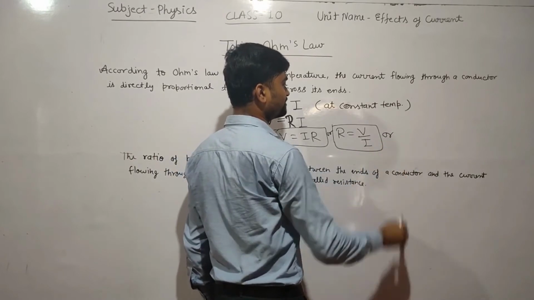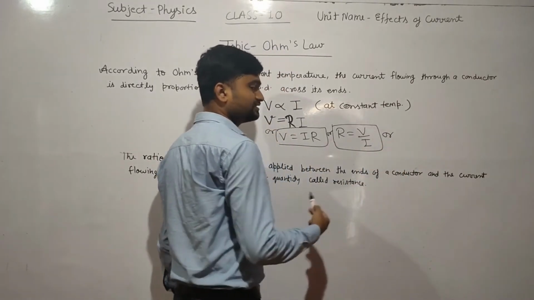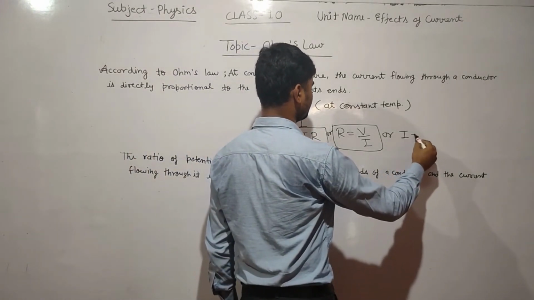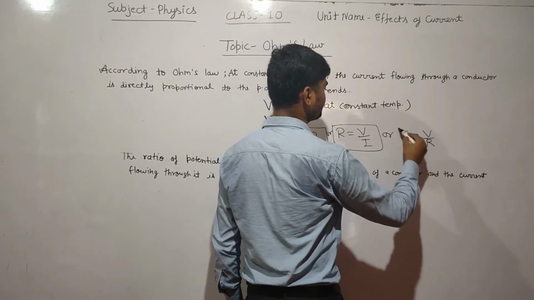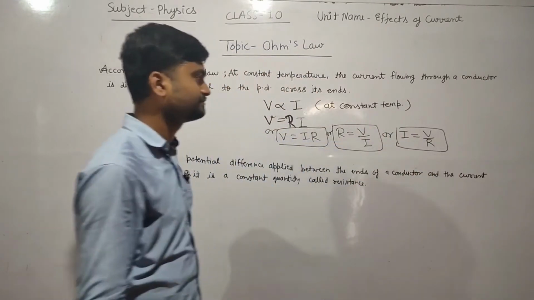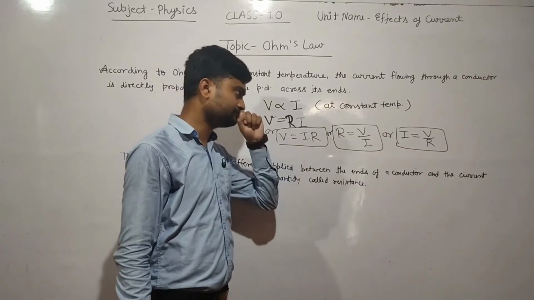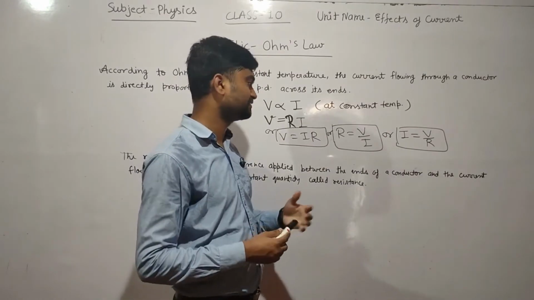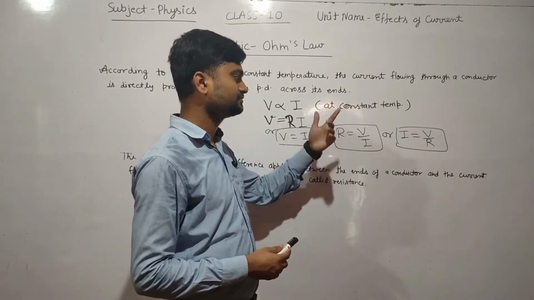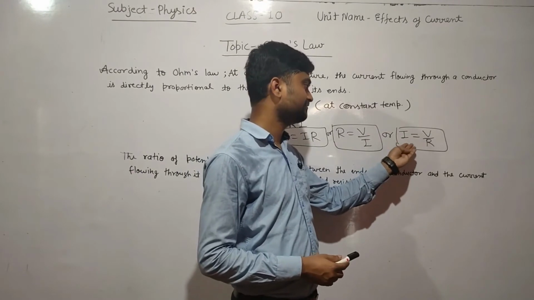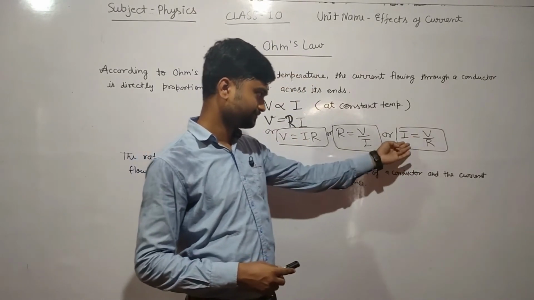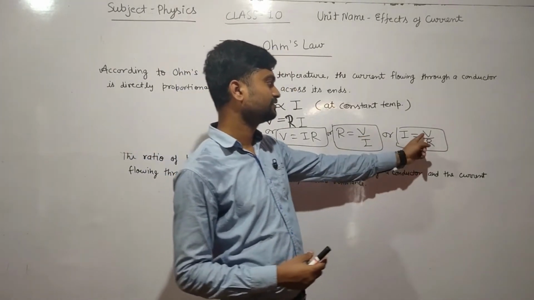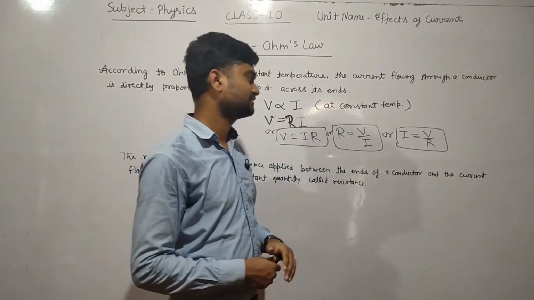This relation can also be written as I equals V by R. So V equals IR, R equals V by I, and I equals V by R. We can also define the resistance of the conductor by this relation, and from this relation we can also know how the strength of the current depends on the voltage and the resistance of the conductor.